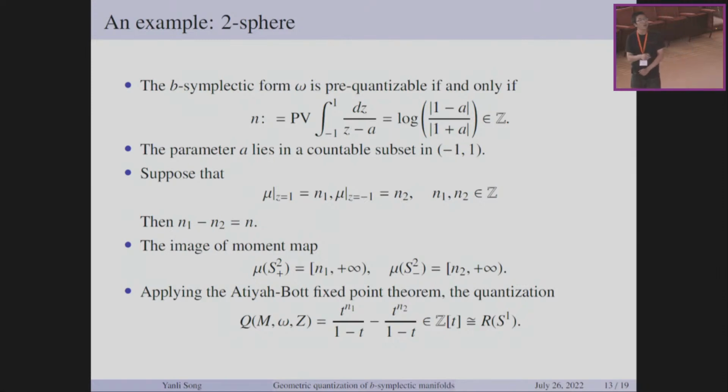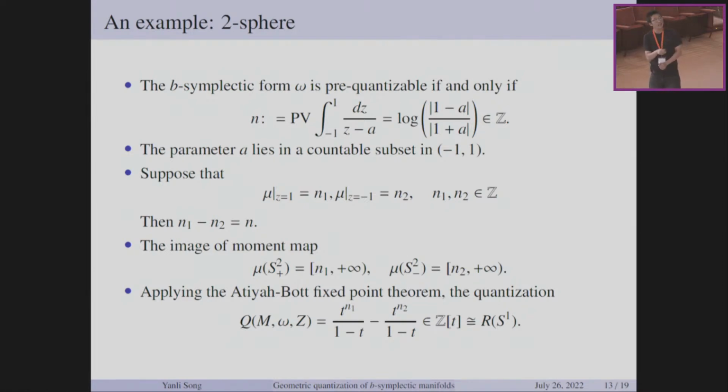By some work you can show this is equivalent to saying it is pre-quantizable if the integration from -1 to 1 of dz over z minus A is an integer. Of course, there is a singularity along A, so you take the principal value. You want the principal value to be an integer. If you take the principal value, what you get is this one. If this one is in Z, then it is pre-quantized.